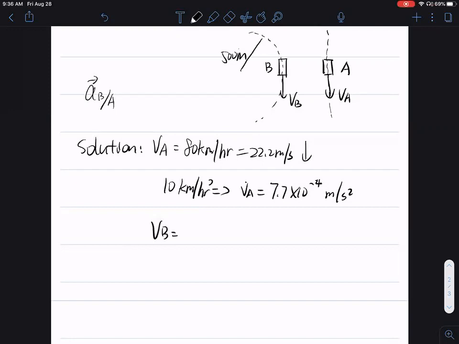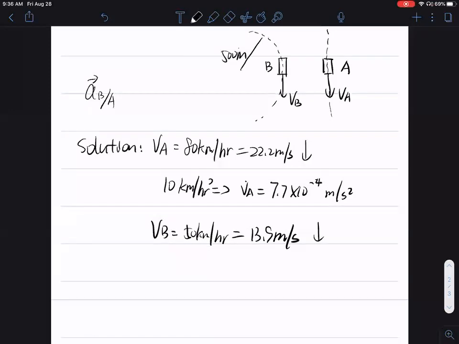VB is moving at a speed of 50 kilometers per hour, which is about 13.9 meters per second. The direction is pointing down. Both cars are moving in the same direction at this instant. And the rate change of speed for car B is negative 10 kilometers per hour squared.